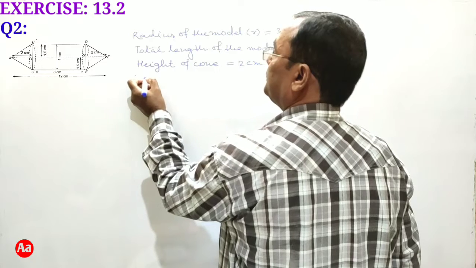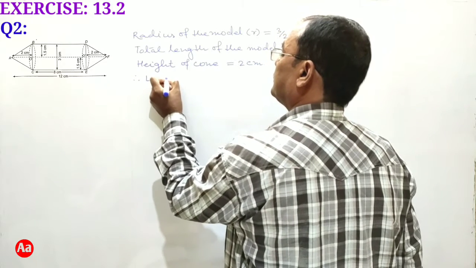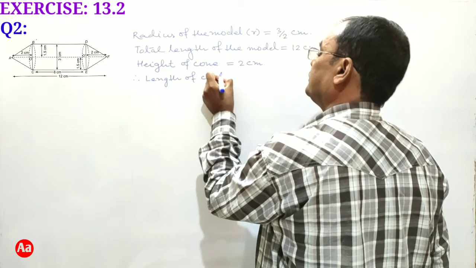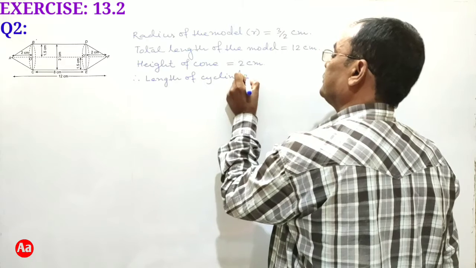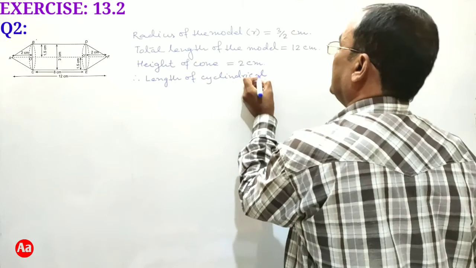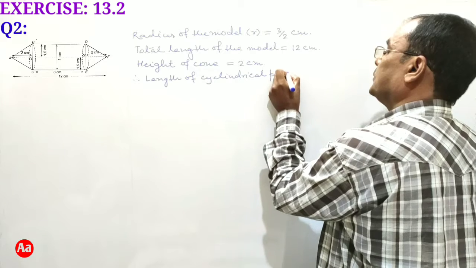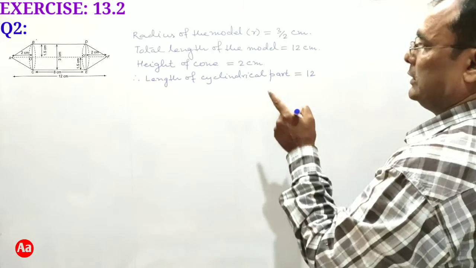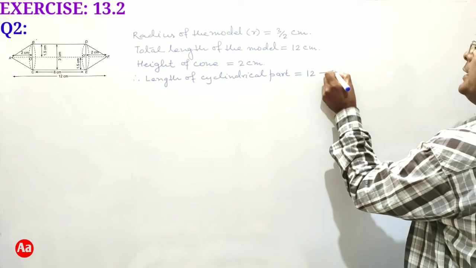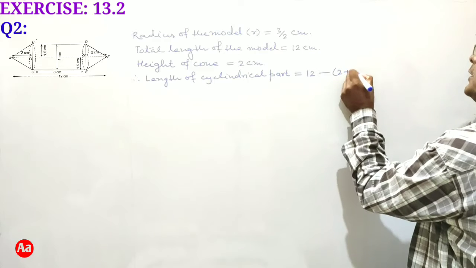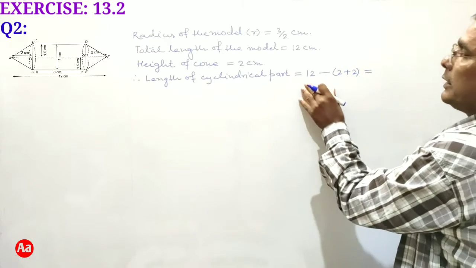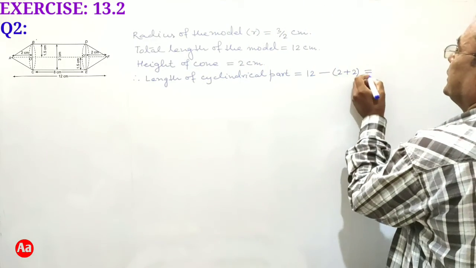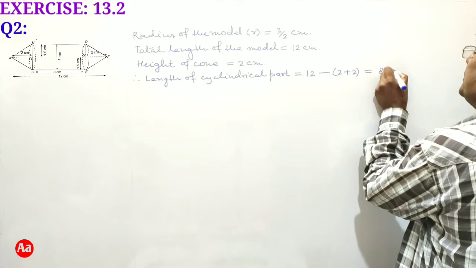So length of the cylindrical part of the model is equal to the total length of the model, 12 centimeter, minus 2 centimeter plus 2 centimeter, the heights of both the conical ends of the model. So this is equal to 8 centimeter.